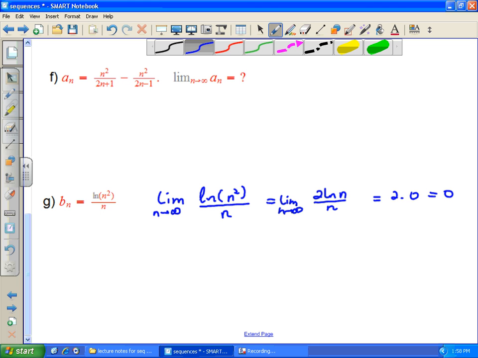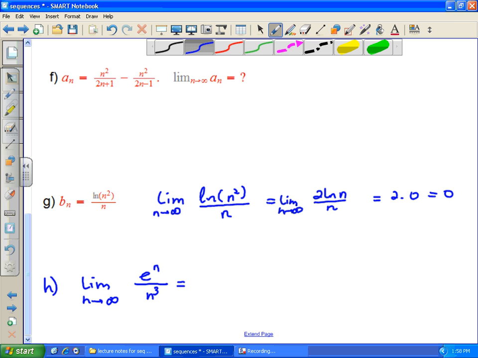And how about this one? Call this one h. Find the limit as n goes to infinity of e to the n over n cubed. Some of you can look at this problem and know the answer right away. But still, go ahead and show me some work. The top is exponential, the bottom is polynomial.